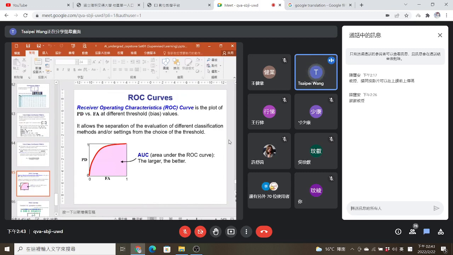The other one to talk about is the ROC curve. The name is receiver operating characteristics. It's a plot of PD versus FA at different threshold bias values.